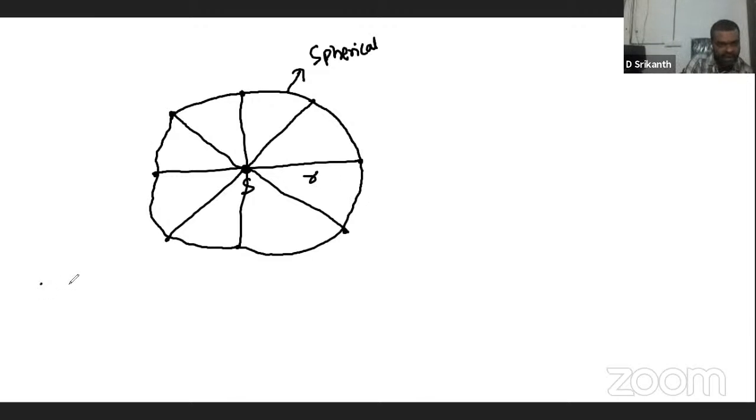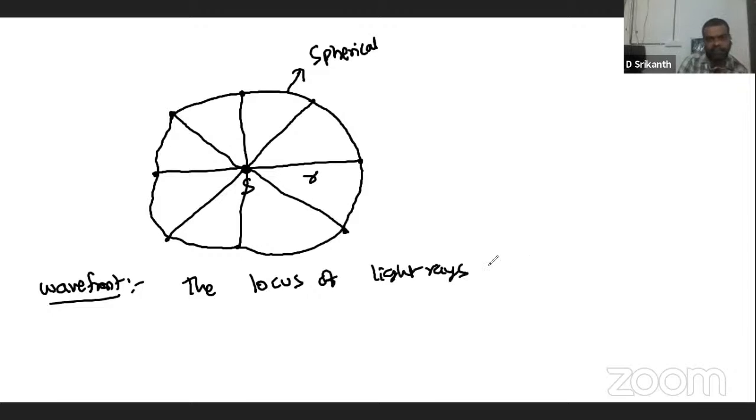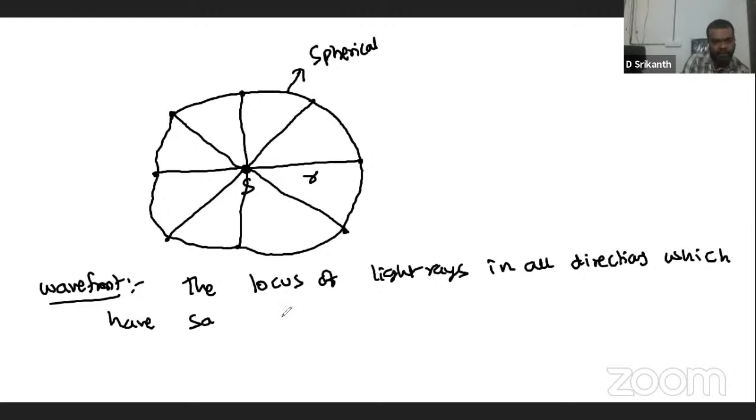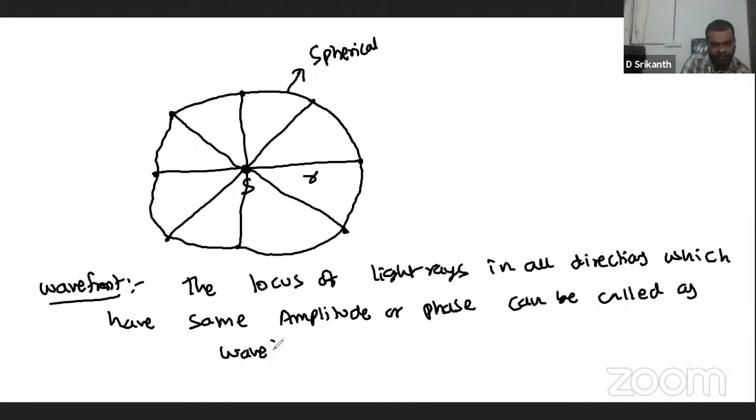A wavefront is defined as the locus of light rays in all directions which have the same amplitude or phase. That can be called a wavefront.